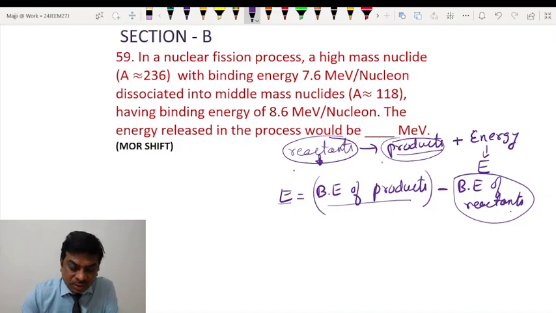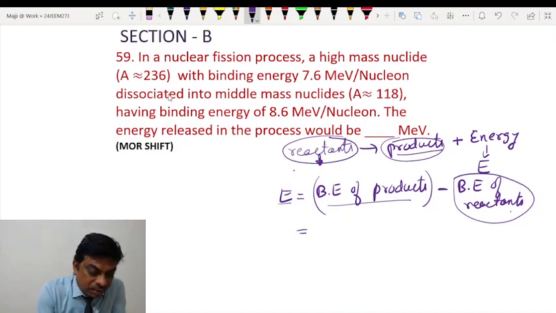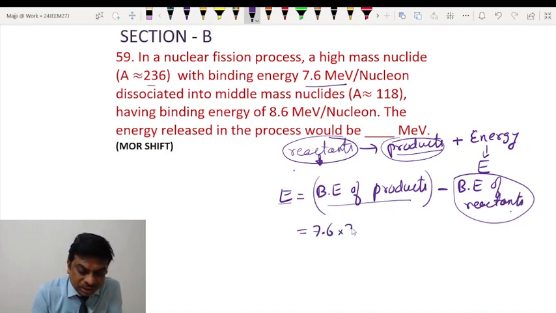So here this is per nucleon, it is 7.6 million electron volt multiplied by 236 to get the total.